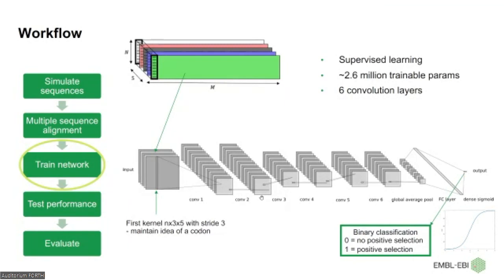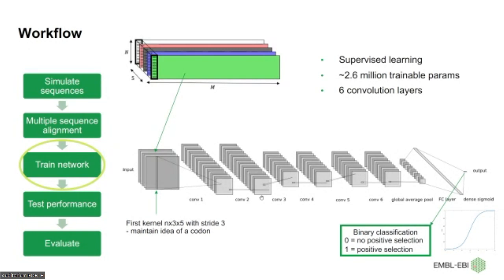Okay, so once we've done all that preparation to gather our training data, we can then train the neural network. And as I said, it's labeled data, so it's an example of supervised learning. There's 2.5-ish million trainable parameters and 6 convolutional layers.